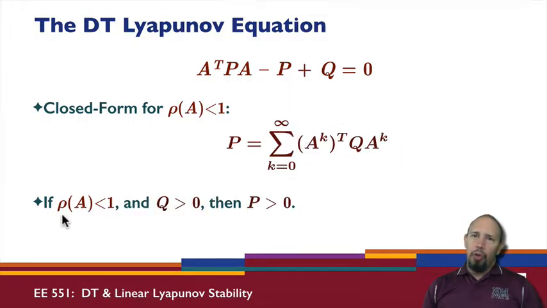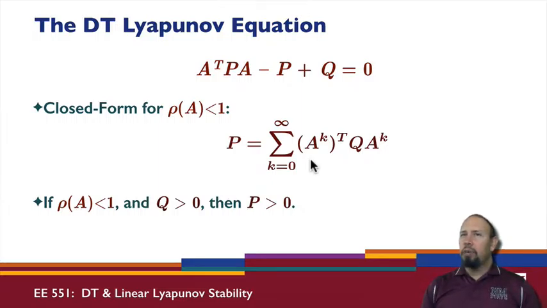Now, we can actually go through and prove, and I'll show that in the proofs video, that if the spectral radius of A is strictly less than 1 and Q is positive definite, then P must be positive definite. Okay, so we have this property that holds. And actually, there are a number of related properties that hold, but this is the most important one. If A is of spectral radius less than 1 and the Q is positive definite, then P is positive definite.